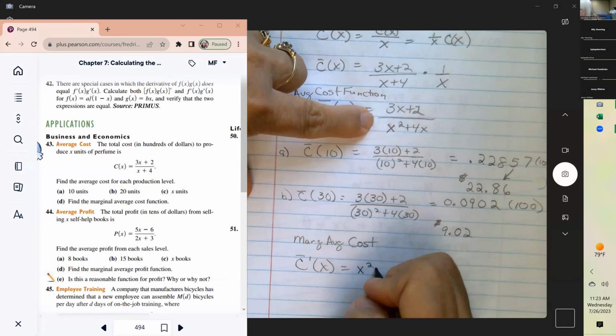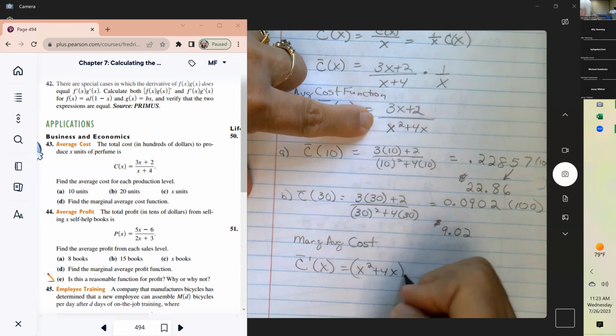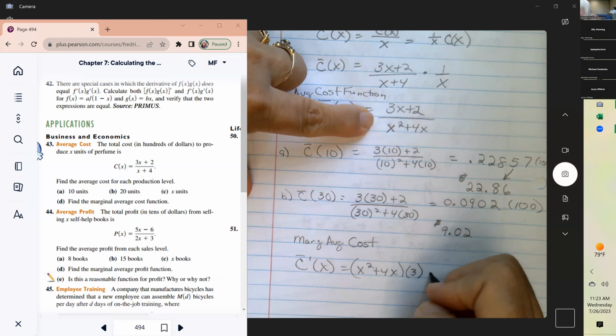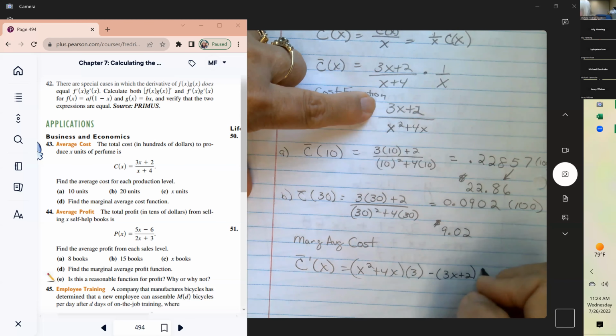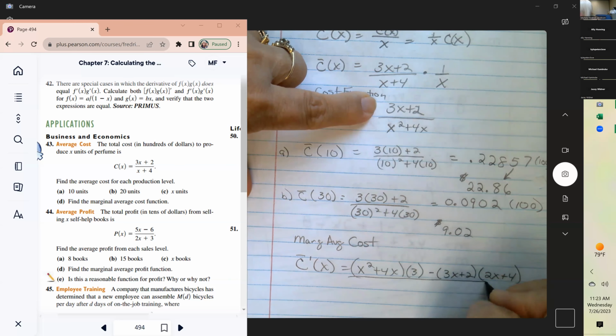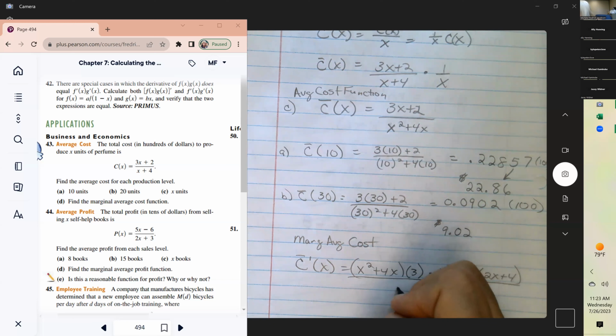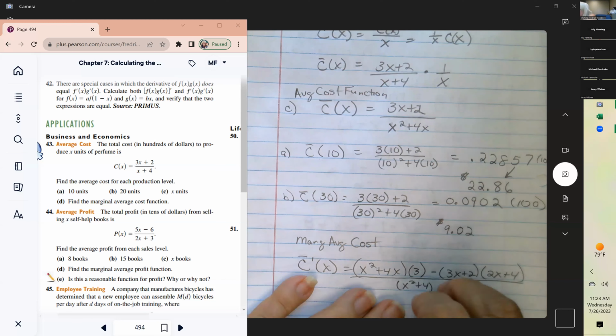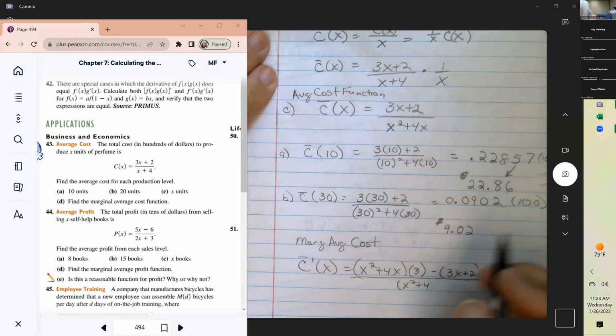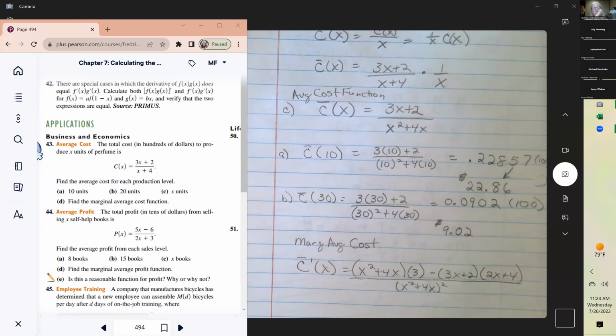Bottom times the derivative of the top, which is just 3, minus the top times the derivative of the bottom, 2x plus 4, all over the bottom squared. Any questions on that?